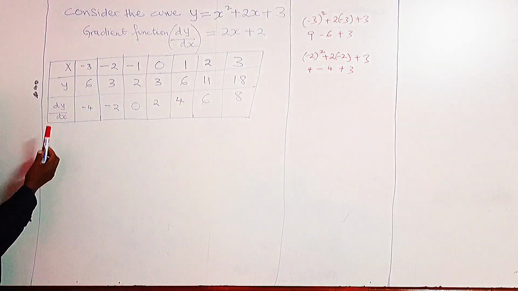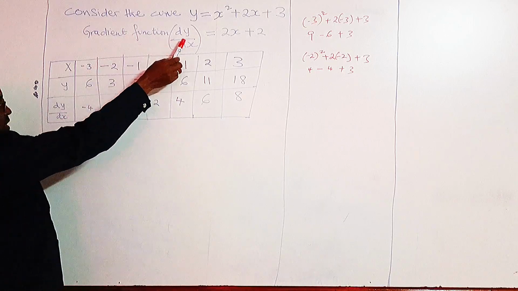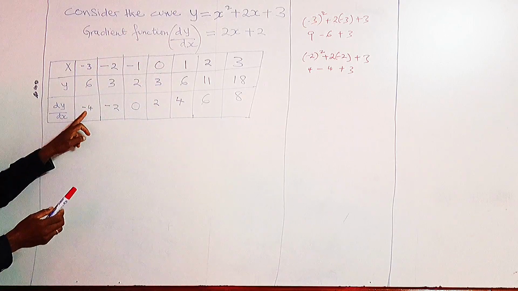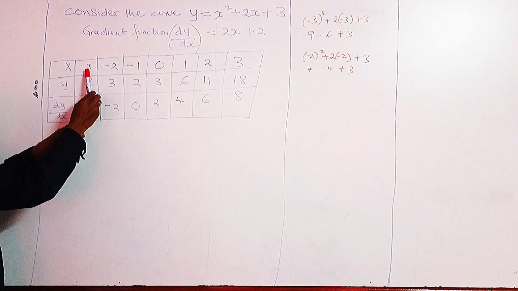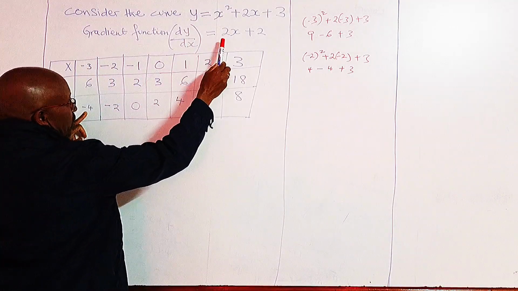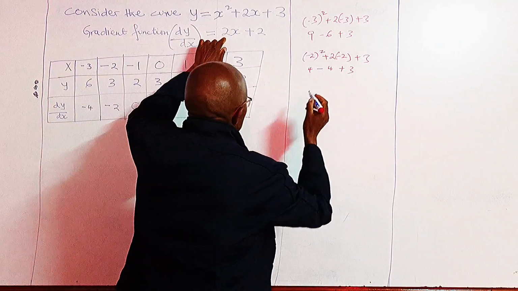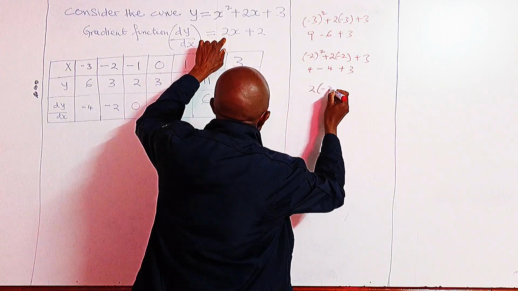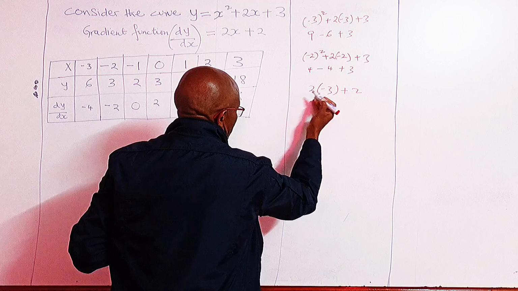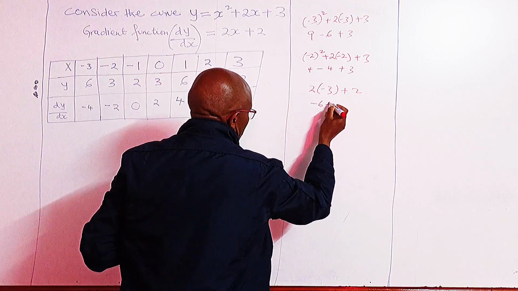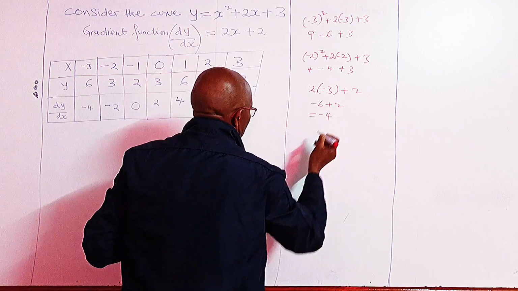Now to get dy/dx, which is our gradient function, when x is negative 3, we are substituting negative 3 into our gradient function, so we'll have 2 into negative 3 plus 2. So this gives us 2 times negative 3, we get negative 6 plus 2, which is equal to negative 4.